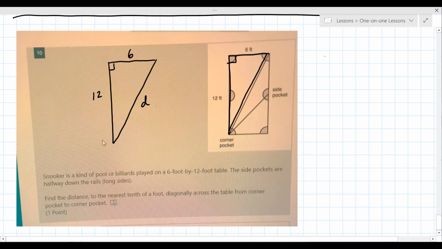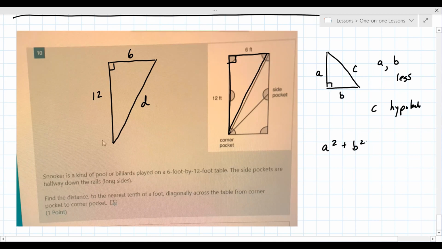In your notes, you likely learned the Pythagorean theorem. A and B are the legs, the shorter sides, and C is the hypotenuse. So in your problem, 6 and 12 are the legs, A and B. You're trying to find the hypotenuse, which is D. And the relationship is A squared plus B squared equals C squared.